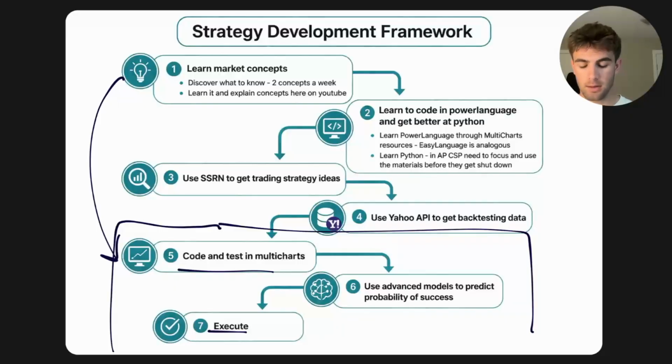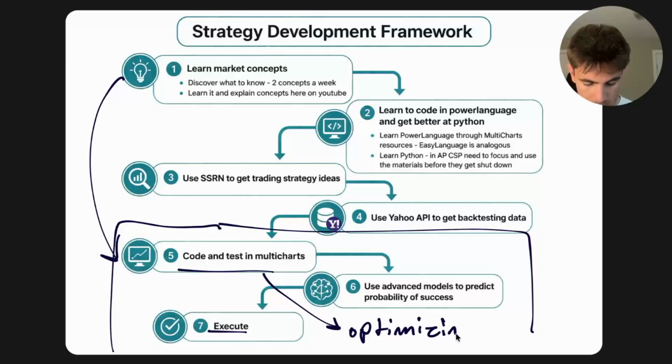I do need to add another layer in here, and that is optimizing, because I'm not just coding the strategies and testing them once. I'm coding them, testing them, looking at the different variables, changing them, testing again, iterating and optimizing, trying not to backfit too much to find the best version of the strategy. That's really what I focused on this week.